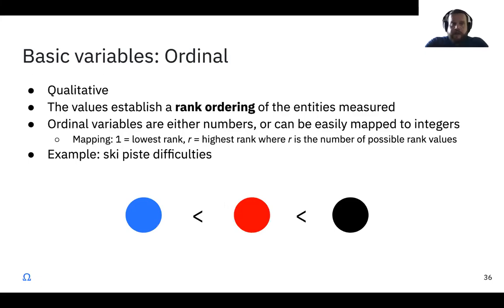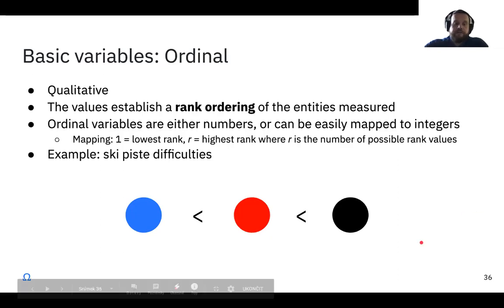Another type of variable is the ordinal variable. That one is again qualitative, and the values are categories, but in addition, the values establish a rank ordering of the entities measured, or rank ordering of the variable values, so to say. I'm actually going to jump into the example right away.